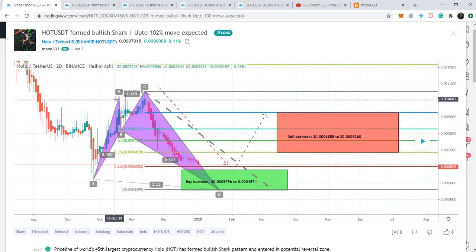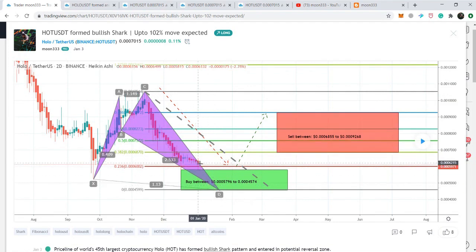This was the initial leg, then it was retraced between 0.382 to 0.618 Fibonacci, then projected between 1.13 up to 1.618 Fibonacci, then retraced between 0.886 up to 1.13 Fibonacci retracement level.